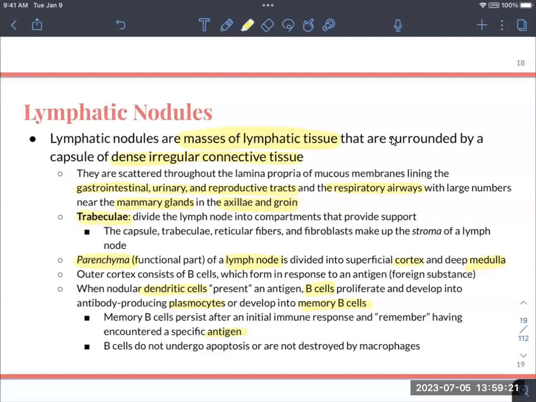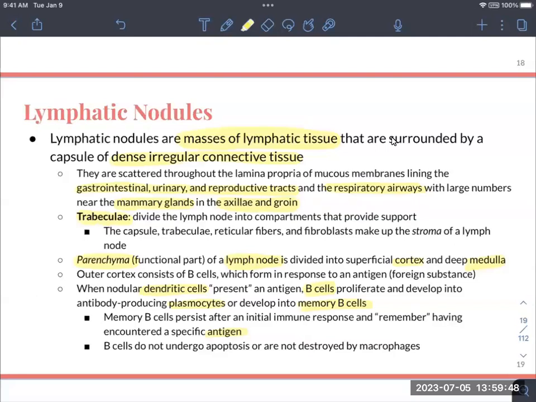If there was a memory B cell that killed off this specific pathogen in the past, it'll remember that it killed off that specific pathogen or microbe, and it'll activate itself and go out and kill this pathogen because it remembers how to do it.